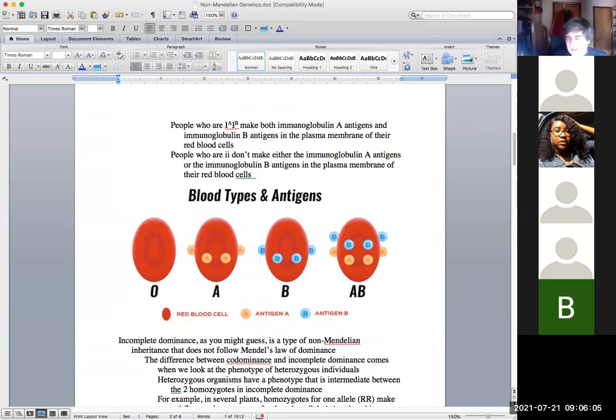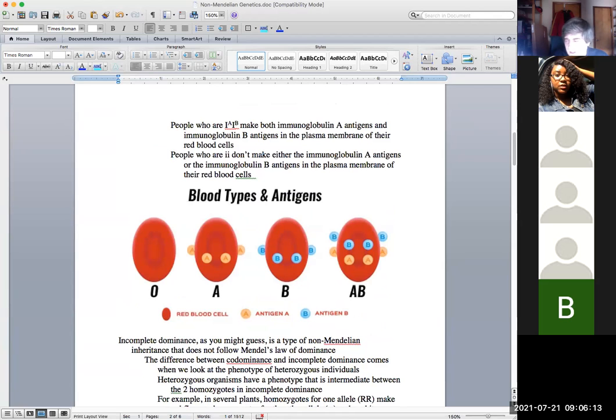And when we talk about the A antigens and the B antigens, you might have heard about antibodies in the past year. There was talk of developing an antibody test for COVID-19. And antibodies are proteins that your body makes that react to antigens. And your body makes antibodies that react to antigens that you don't have.